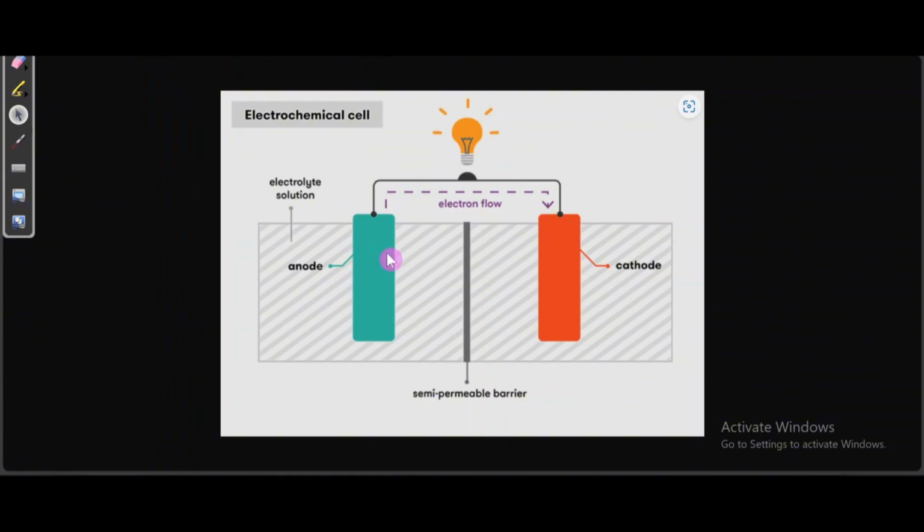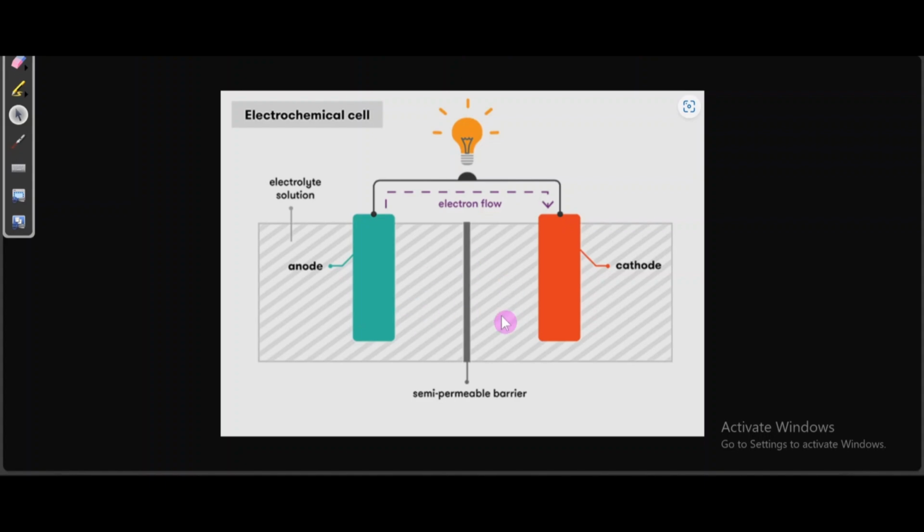Similarly, we also use a battery in the circuit in order to force the electrical charges. Here we have this electrochemical cell, and it consists of the anode and cathode, and between them we have the electrolyte.